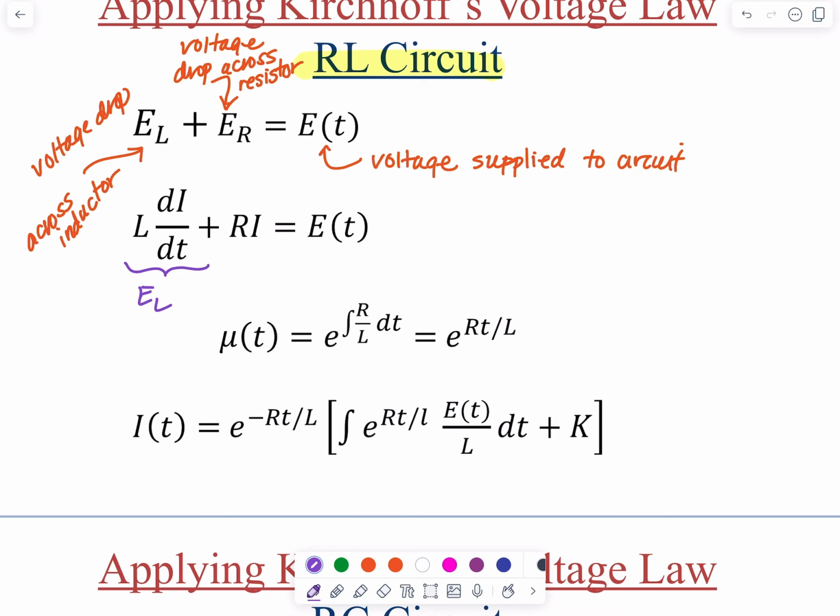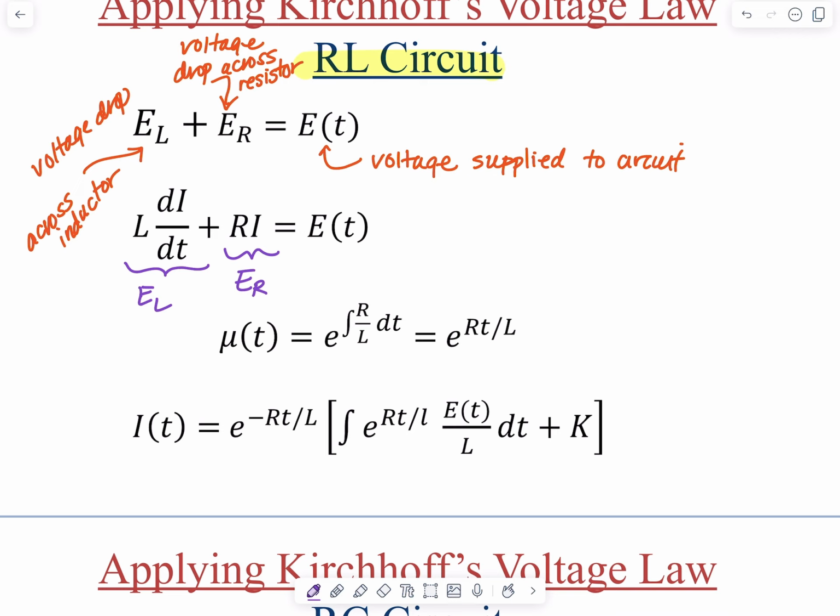And now looking at E sub R, we see that the voltage drop E sub R across a resistor is proportional to the current I passing through that resistor. So that is our voltage drop across the resistor.